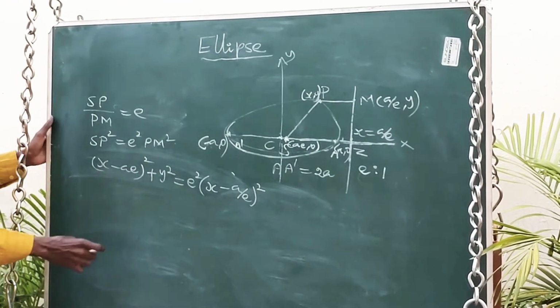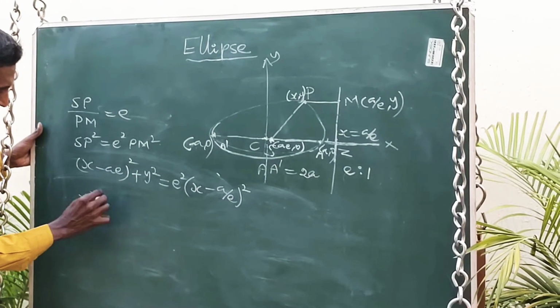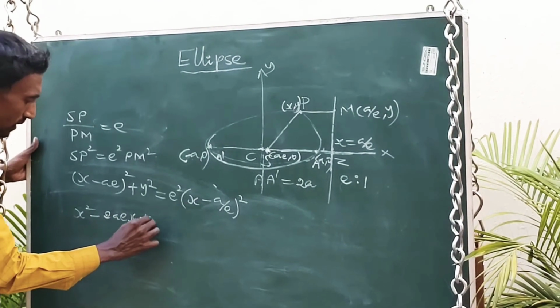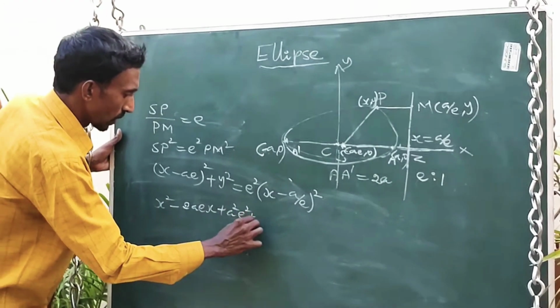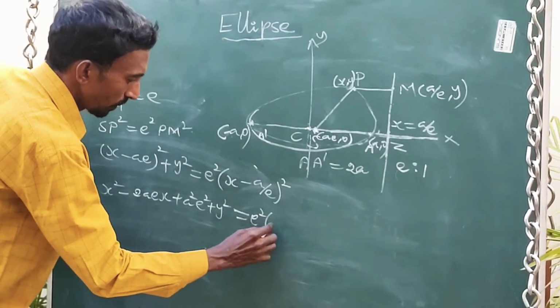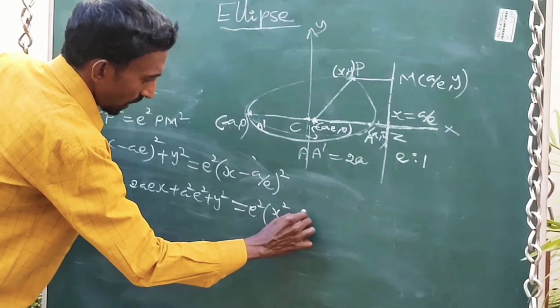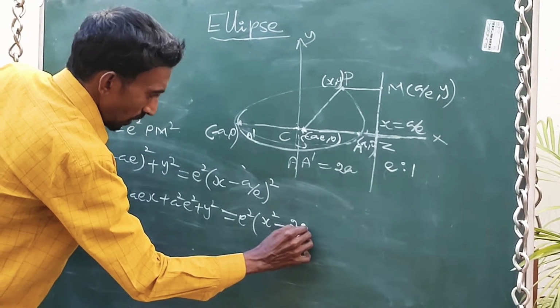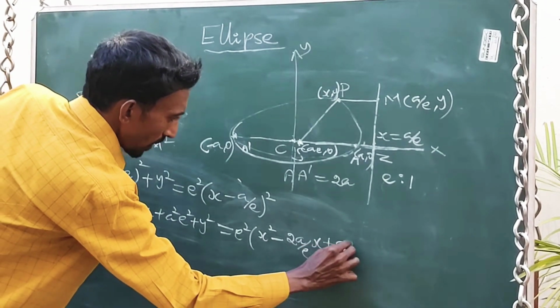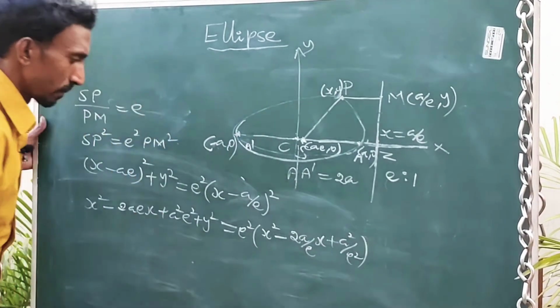Just expand this equation: x square minus 2aex plus a square e square plus y square equal to, similarly here expand, e square into x square minus 2(a/e) into x plus a square by e square.